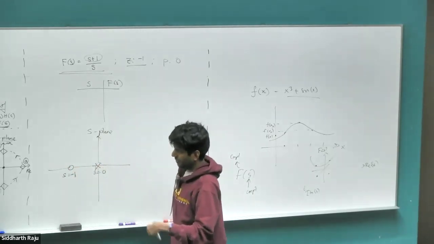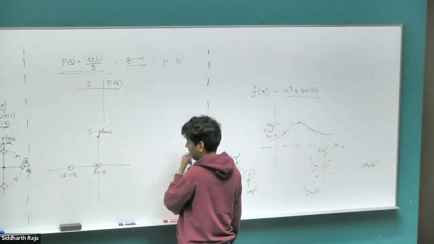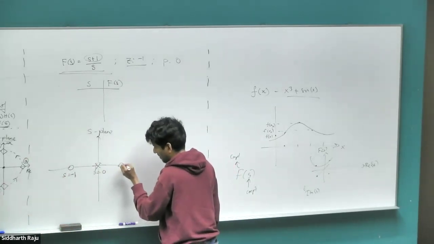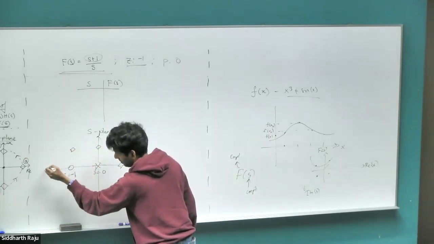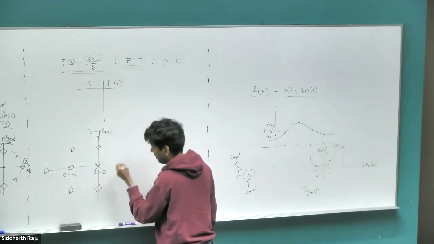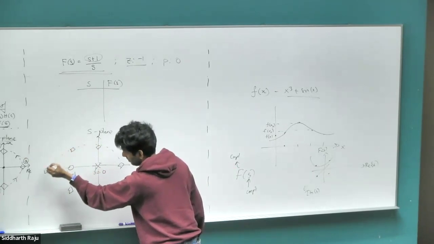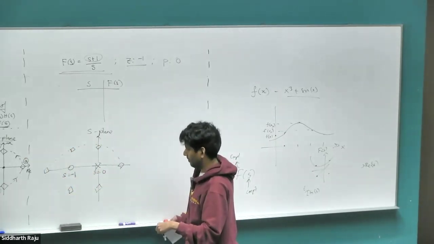Right? So same as before, I'm going to take any loop and just try and encircle the pole and the zero, and I'm going to observe what happens in the f of s plane. So let me pick a value here. Let's say I pick a value here, here, here, here, and here. And then I encircle this. Ideally, again, I should have picked numerous points. Just for simplicity, I'm picking a couple of discrete points.